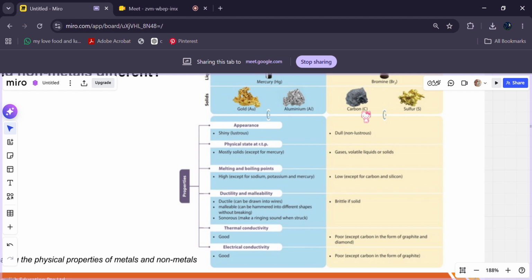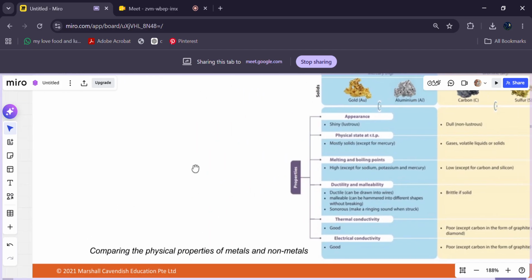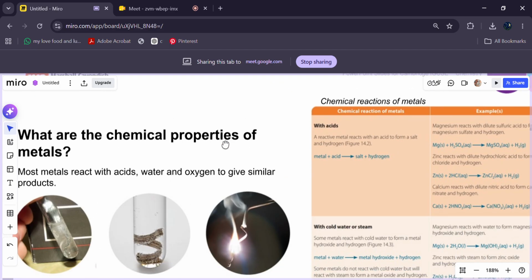Carbon in the form of graphite and diamond has good thermal and electrical conductivity, but other than that, most non-metals cannot conduct electricity or heat properly.